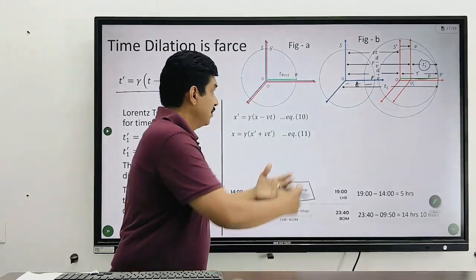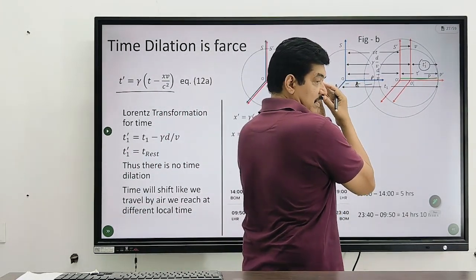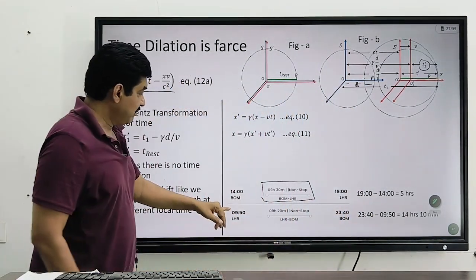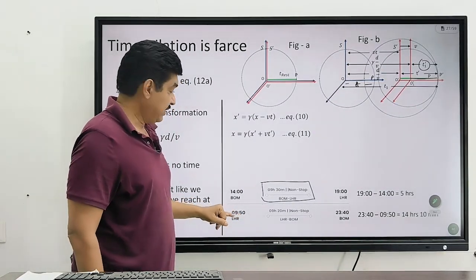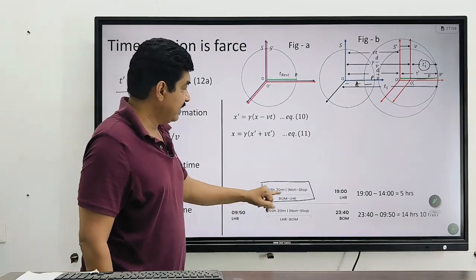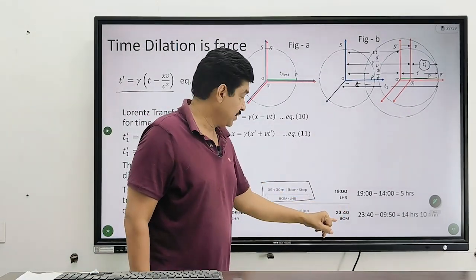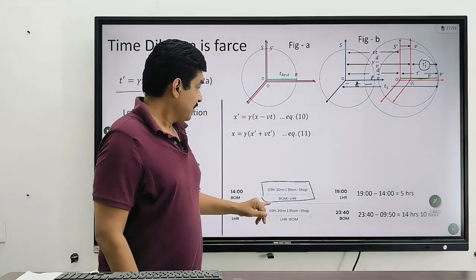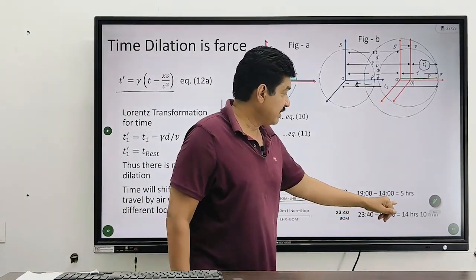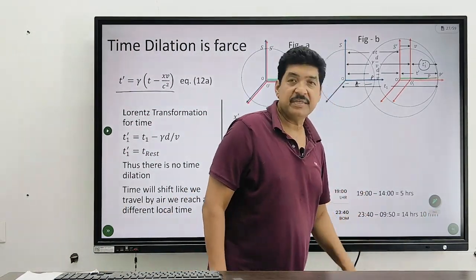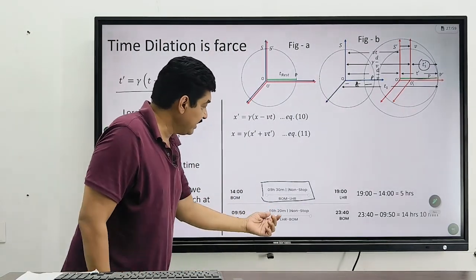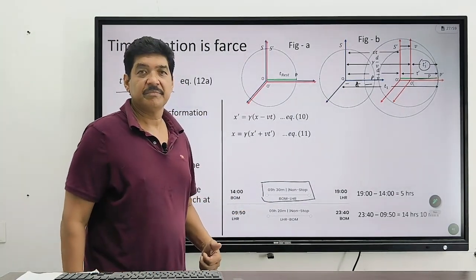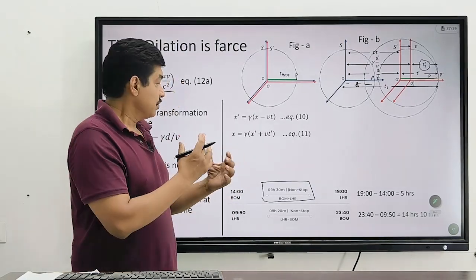Similar to this, when this moves in this direction. Now see here, the flight from Heathrow starts at 9:50 in the morning and reaches Mumbai at 23:40 hours. By local time the flight has taken 14 hours and 10 minutes. But when we check the duration of the flight, it is again 9 hours 20 minutes. Got it? So what is happening?